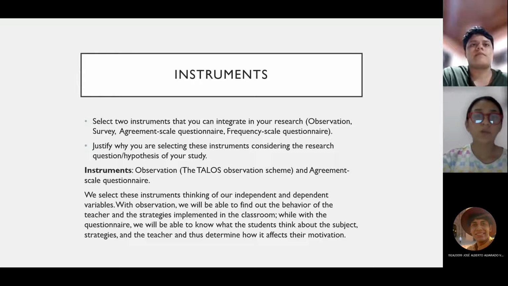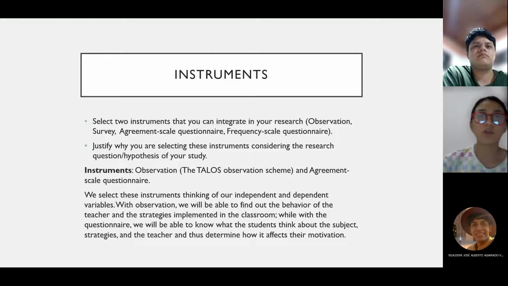The instruments that we chose are the observation, specifically the Talos observation scheme, and the agreement scale questionnaires. We decided to choose these two instruments thinking about our independent and our dependent variable.